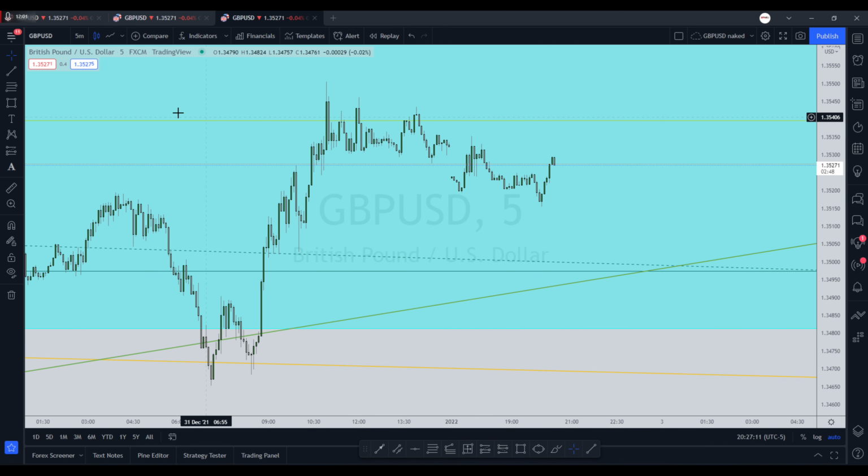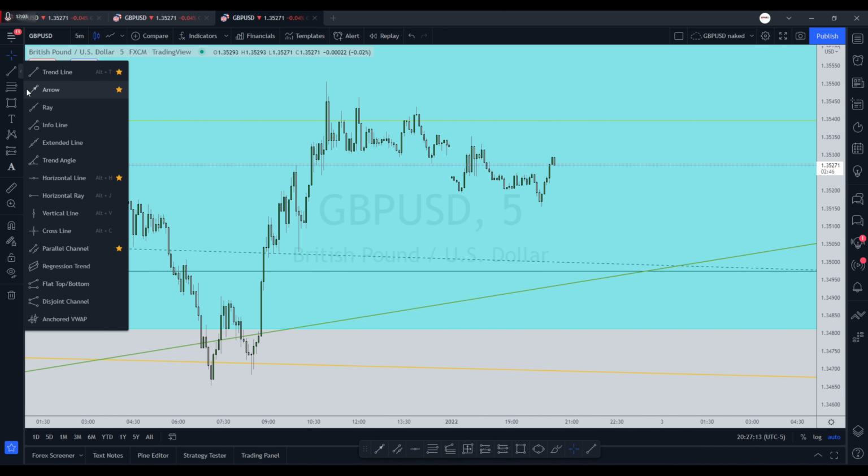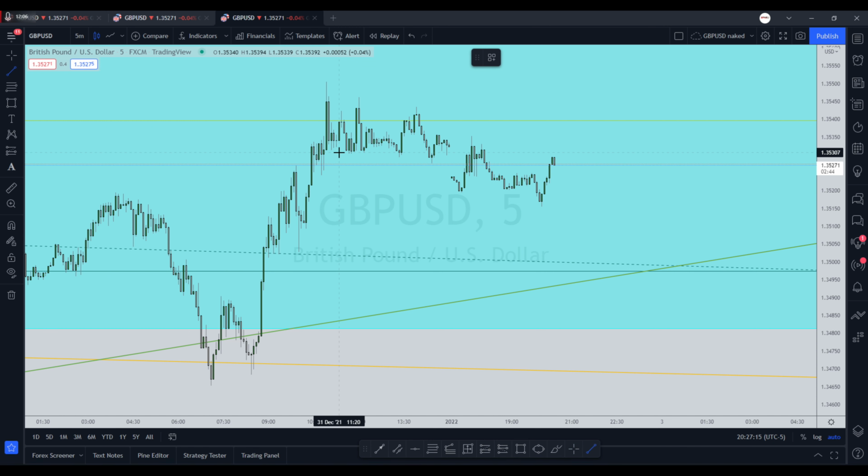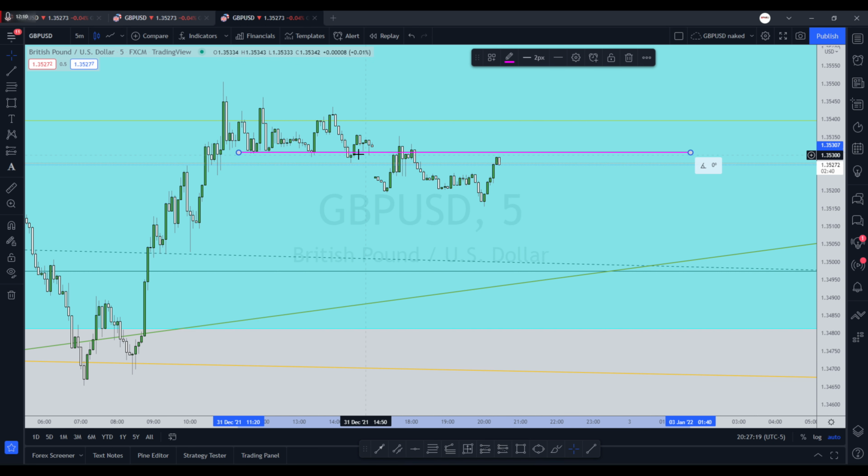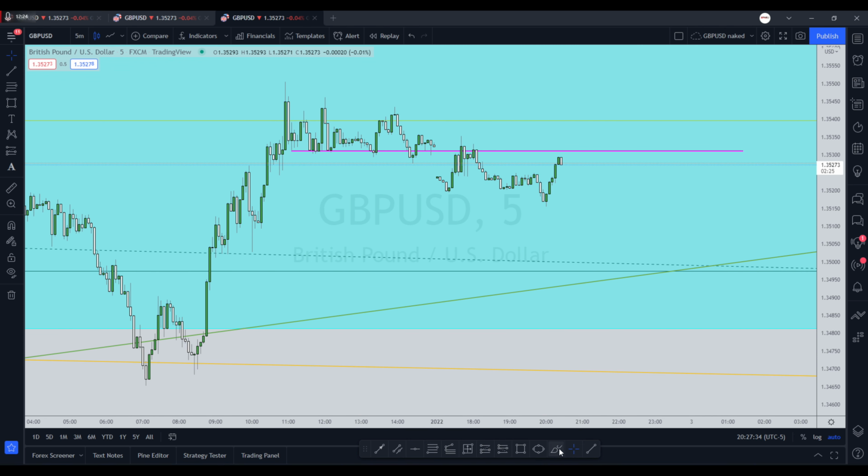Trying to find an entry point on M5. So as you can see, on M5, the last little high point that it made, the market opened and made that gap right there, pretty much breaking these high and low points right there.